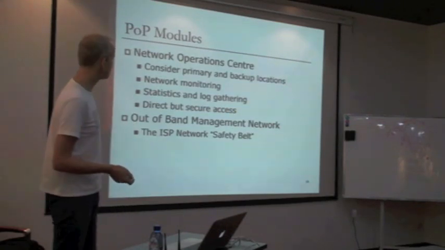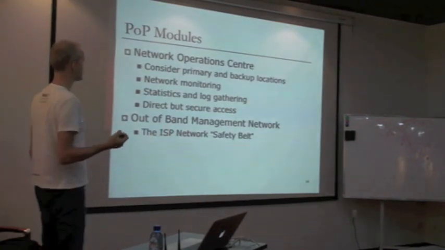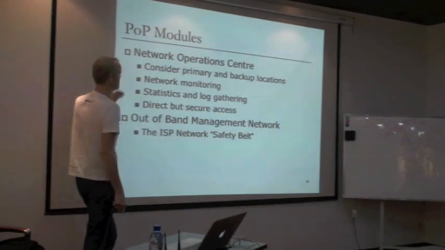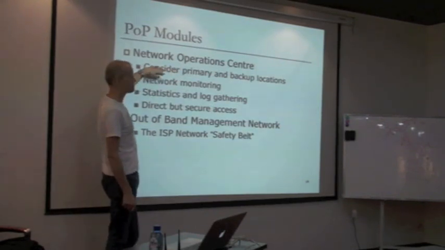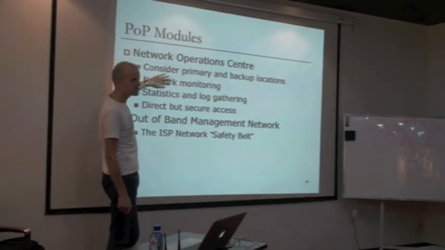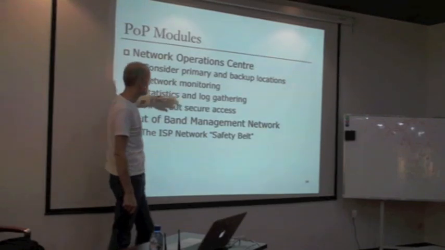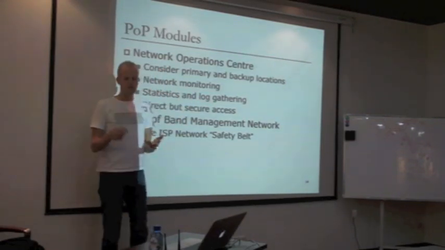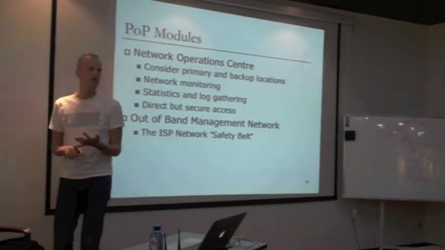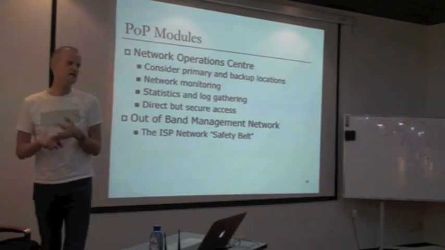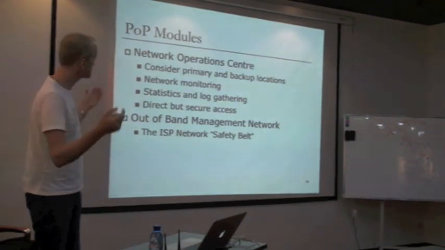Network Operations Center: if you've got multiple sites, it's probably worth considering primary and backup locations. This is where you do your network monitoring, your network management, you do all your statistics gathering, your log gathering, where you run things like MRTG, NFSen, NFDump, or Arbor's Peakflow.